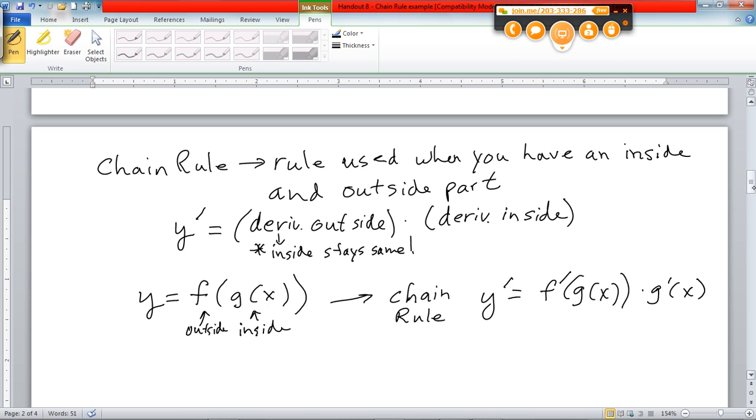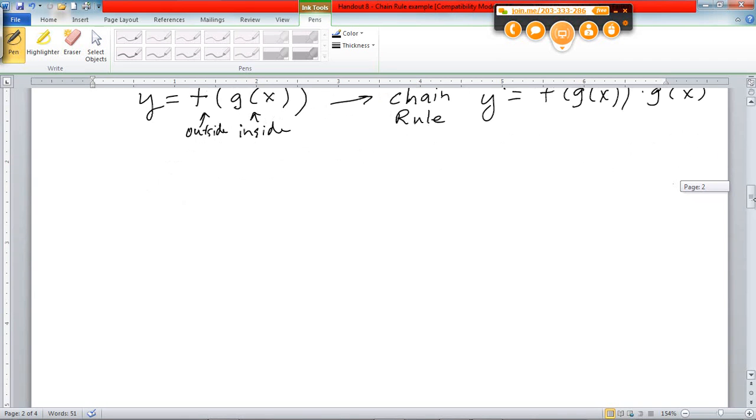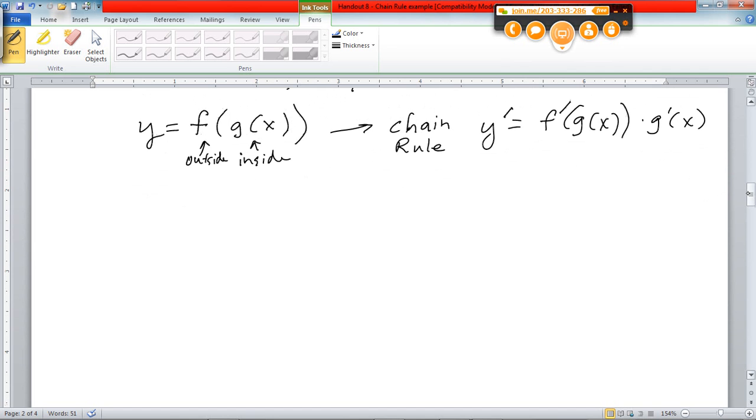Okay? All right, so let's do some more examples of using the chain rule. Let's say we've got g of x equals the fifth root of x squared minus 2x minus 9. Is that a chain rule? Oh yeah, that's a chain rule.